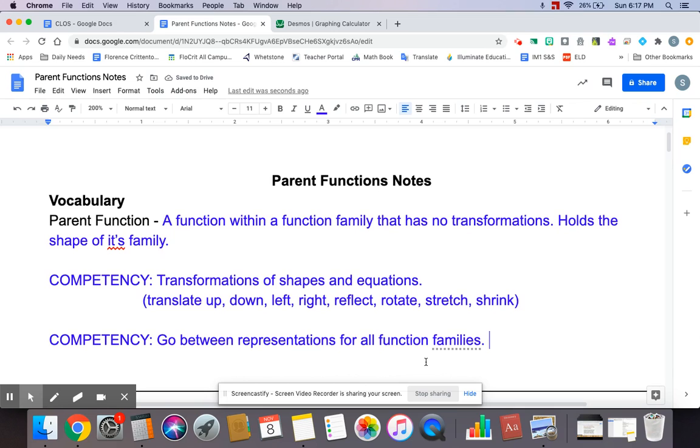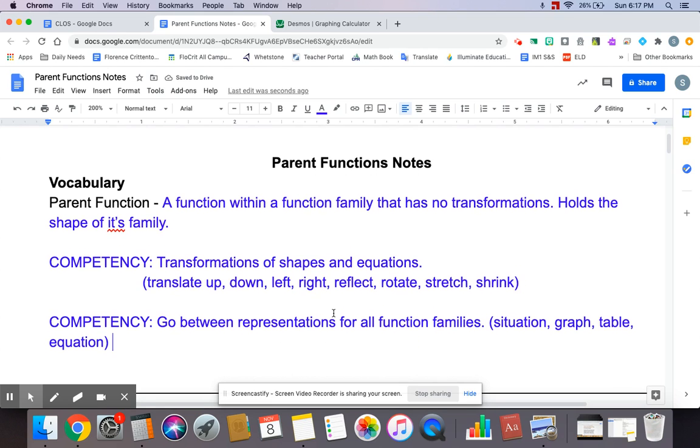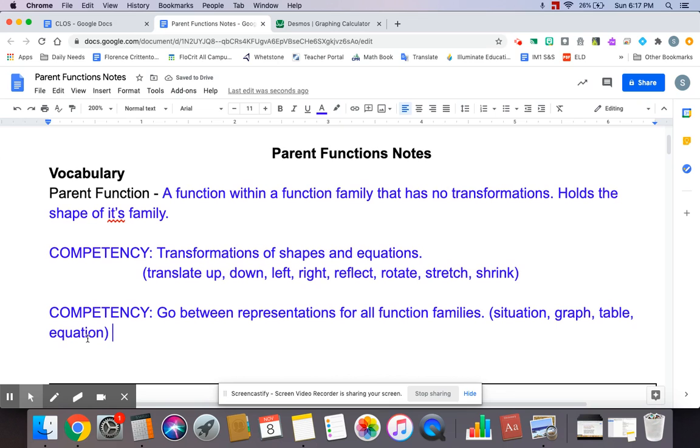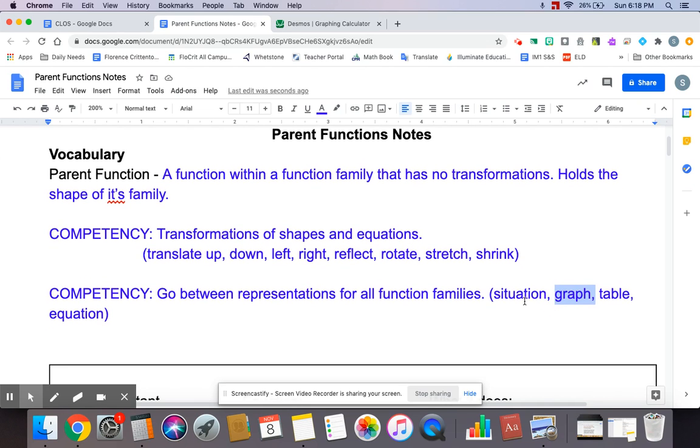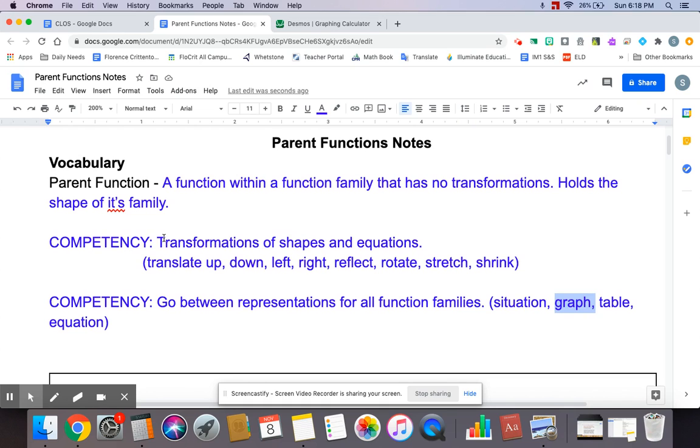By going between representations, I mean going from the situation to the graph, to the table, to the equation, and back and forth between any of the two. A lot of the time, in order to take equations and make a graph, you can do that by knowing the different transformations that are happening.